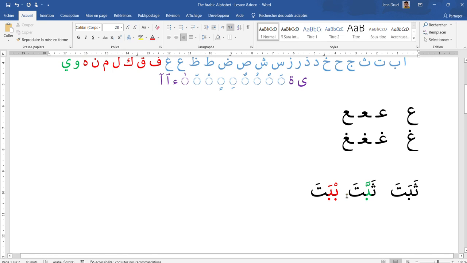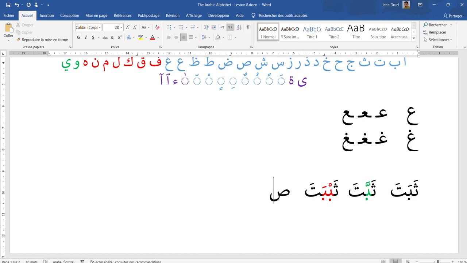And we already know that no word can begin with a sukun. So, no initial sukun, thus no initial shadda. So here I will put my tha again, thabbata.